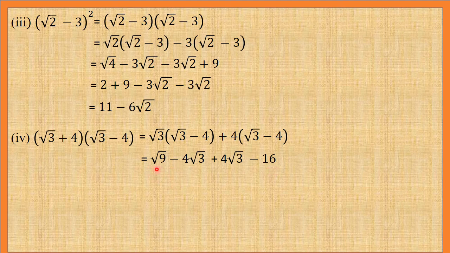So simplify. Square root of 9 gives us 3. Then we'll have 3 minus 4 root of 3 plus 4 root of 3 minus 16. When we simplify, we can see that the middle terms are the same but opposite signs. This is negative, this is positive.